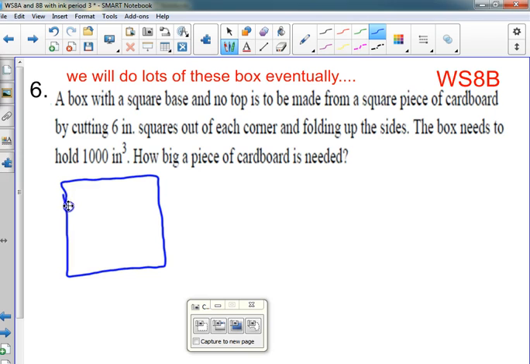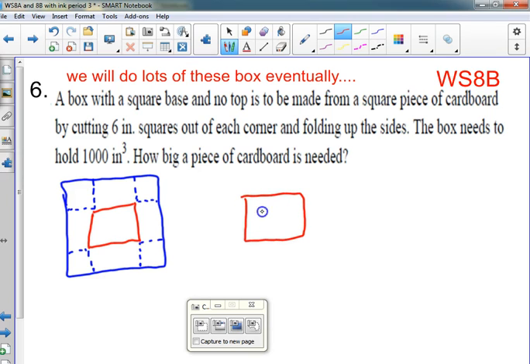If I have a square and I cut the corners out, and then I fold it on these red lines right here, that will be the base. Okay, if I look down into the box, that would be the base. If I draw it in perspective, it would look something like this.